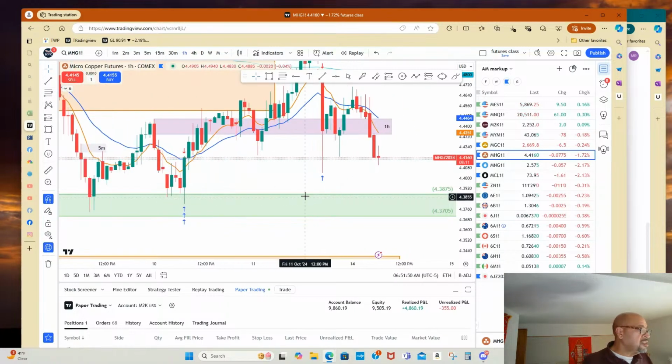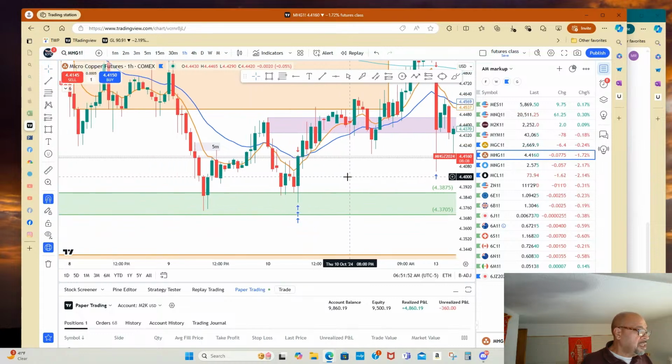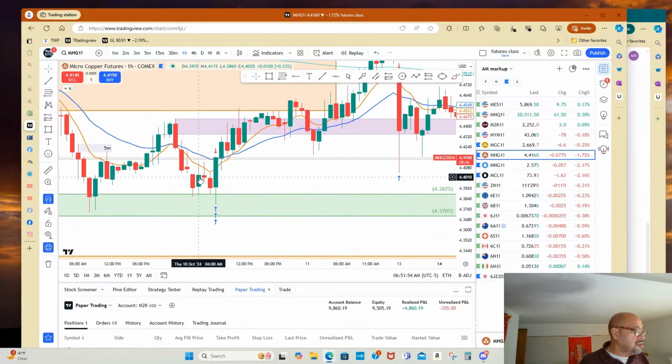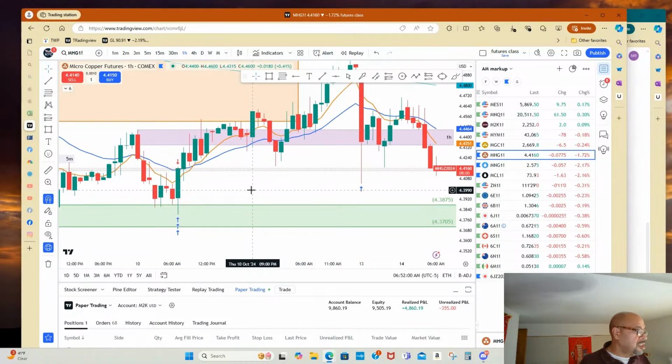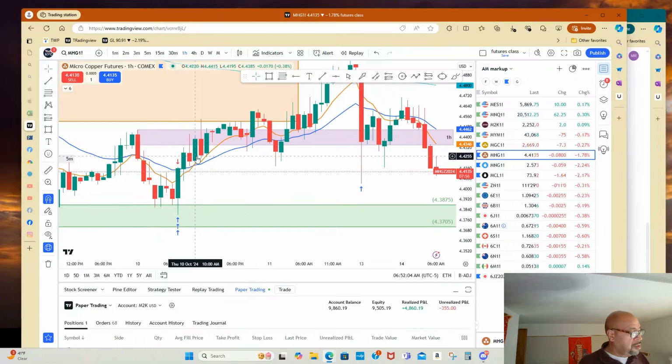I just bought as it went up. I'm not going lower, but on a lower time frame, I would have seen that going up and I would have been buying in somewhere. And I might buy in if, like, I bought here and then it went up.